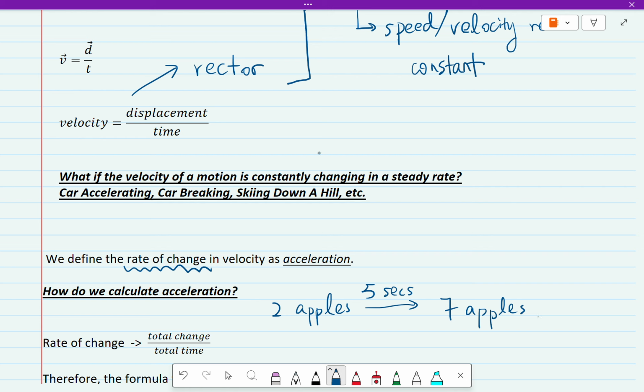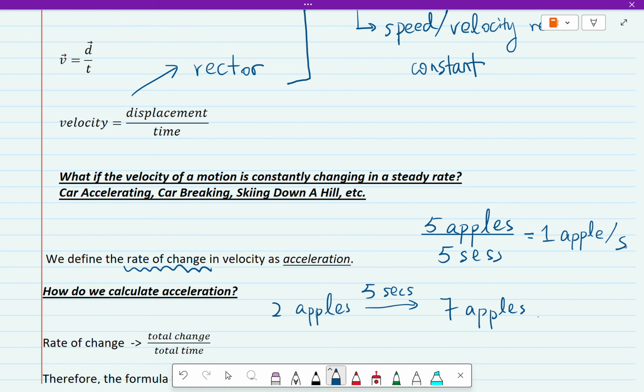We can see that over the course of 5 seconds, there are 5 apples in total being added into the system, and it takes 5 seconds to add these 5 apples. So we know that for each second, 1 apple is being added to the system. So the rate of change of the addition of apples into the system is 1 apple per second.